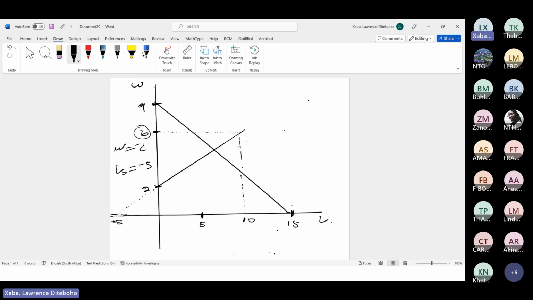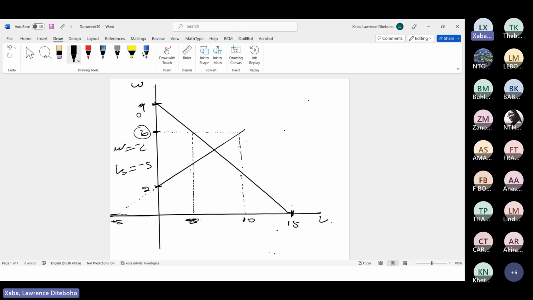It's not according to the Cartesian plane, I'll just move it. Rather, this is 5.